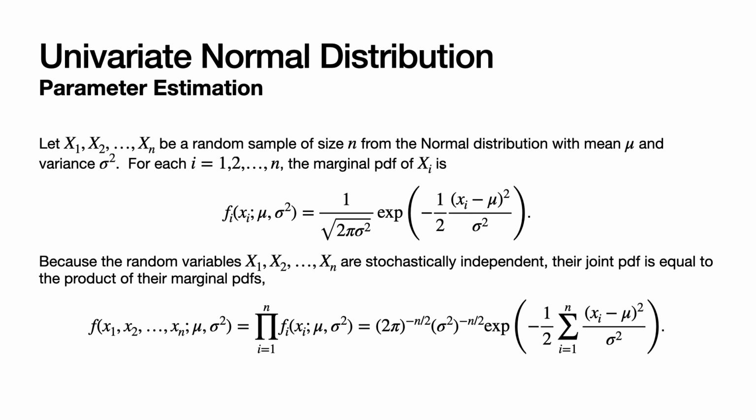And then that expression multiplied against the exponential function evaluated at negative 1/2 times the sum, i going from 1 to n, of x sub i minus mu quantity squared over sigma squared. So this is the joint PDF of the random variables in our random sample.